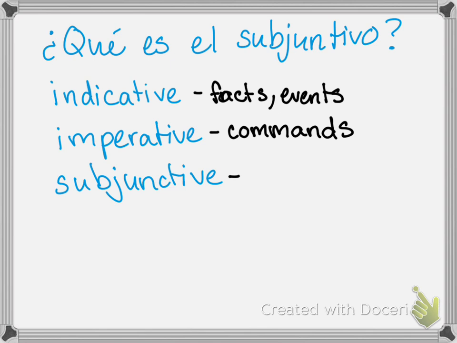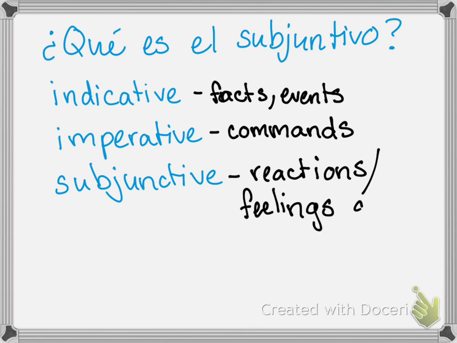So the subjunctive deals more with reactions to or feelings about the facts or events. So that is our subjunctive mode. But that doesn't completely answer what the subjunctive is, okay?